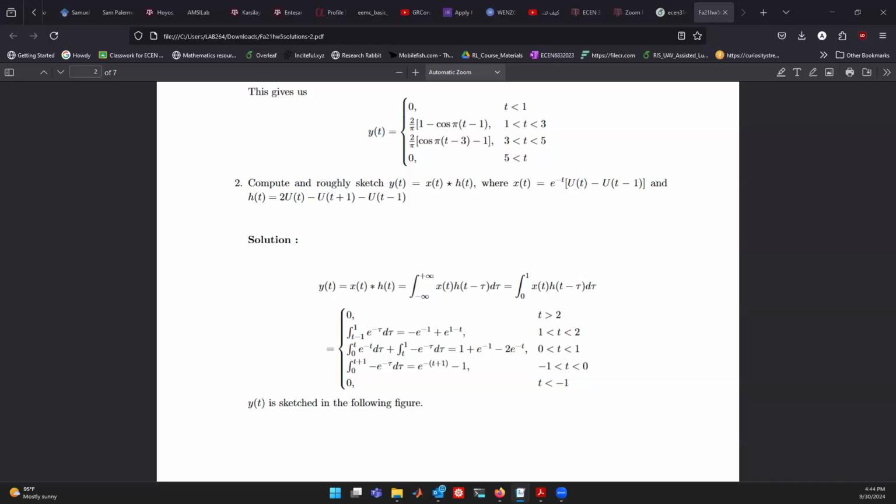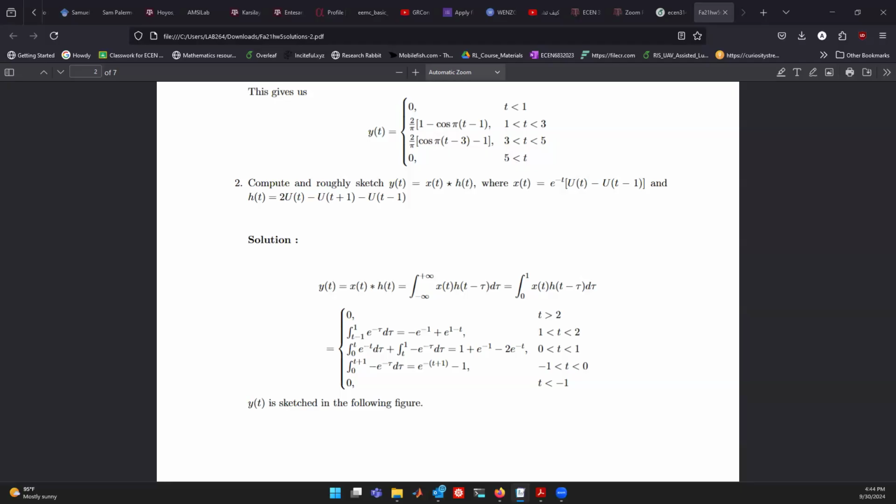Okay. So if we multiply this by the exponential, we'll get the following. This is x(t), which is e^(-t) times [u(t) minus u(t minus 1)].